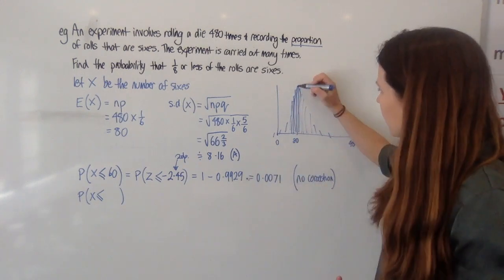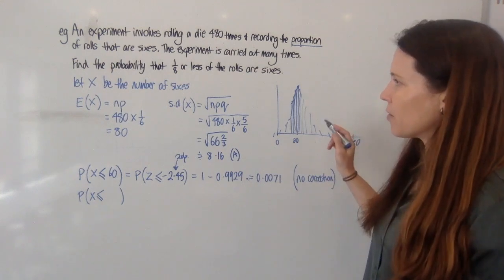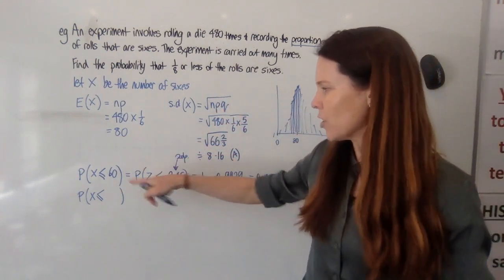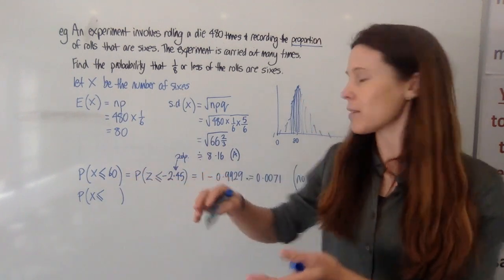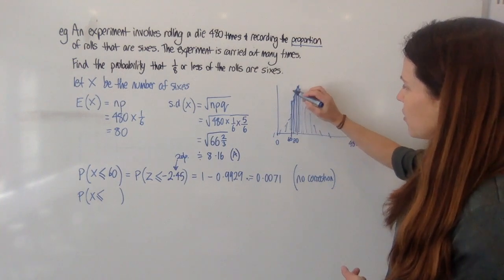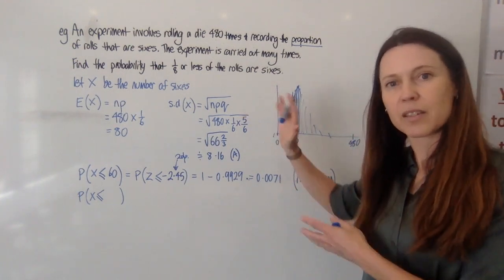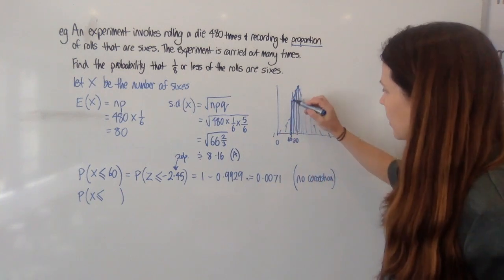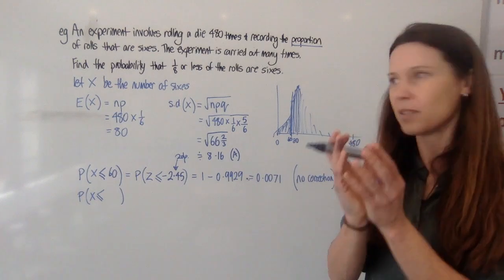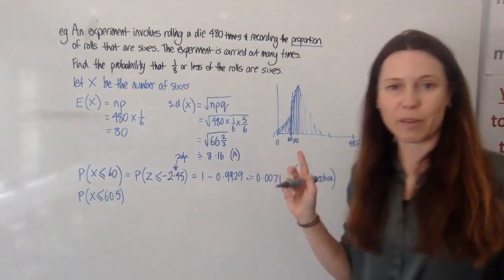Now, we can make a polygon by joining up the tops of those columns. So if I'm considering that I want x to be 60 or less, the column with 60 on it is here. And if I just draw a line through the middle of that column, I've actually missed half of the column that's 60 itself. So to get everything that's to the left of the 60 and include the whole of the 60 column itself, I would need to correct for it by doing 60.5.